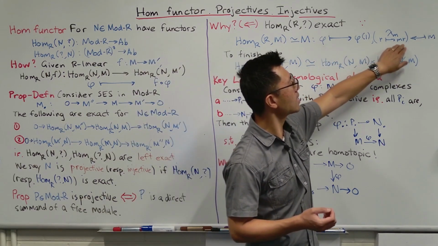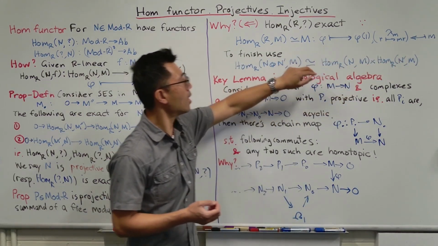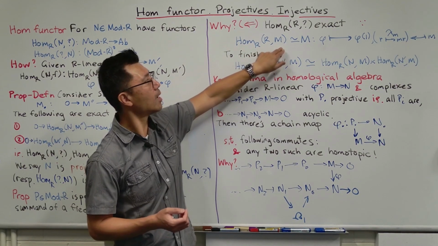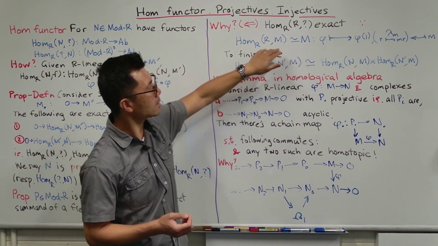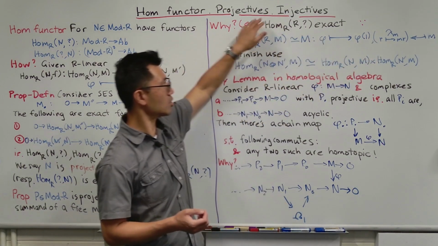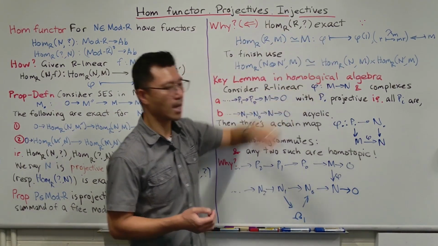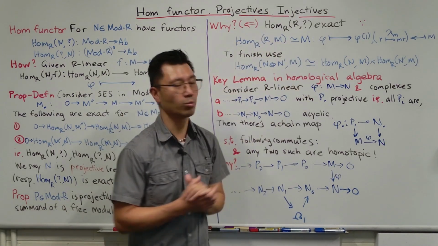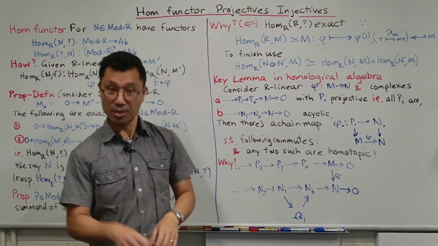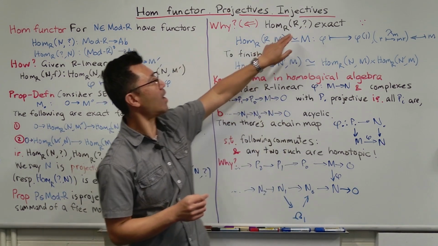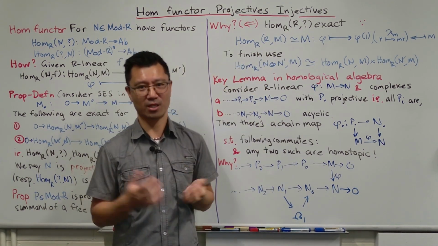You can see easily that this gives you a right R-module homomorphism R to M, and this establishes the isomorphism. You can check that it's natural too: if you have morphisms in M, this isomorphism will respect that. So at least we've proved that one module, the regular module R, is a projective module.